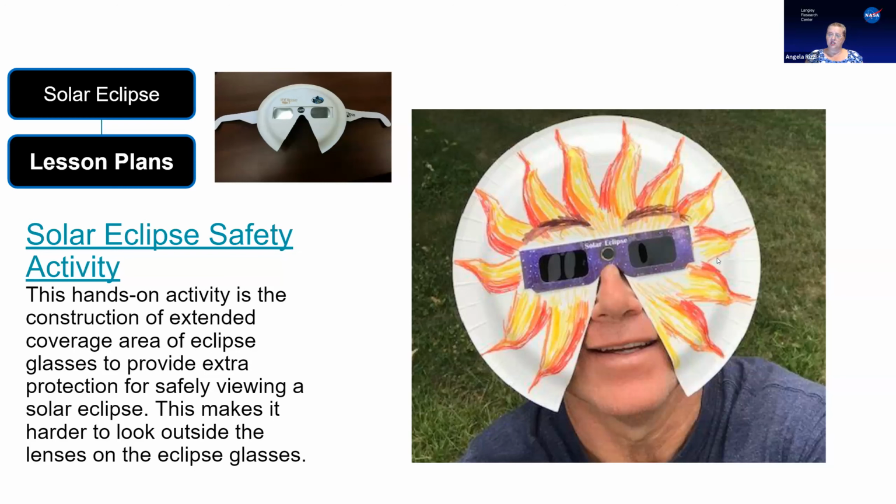But when I was teaching, I had students in the 2017 eclipse, and I was very concerned about them looking above the glasses or below them, because they're not that wide. So I used dessert plates, and this is what I made with my students. Roger stepped it up, the wonderful globe teacher that he is. And we have a lesson for that out there.